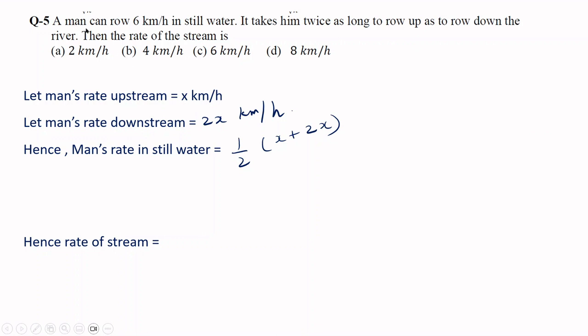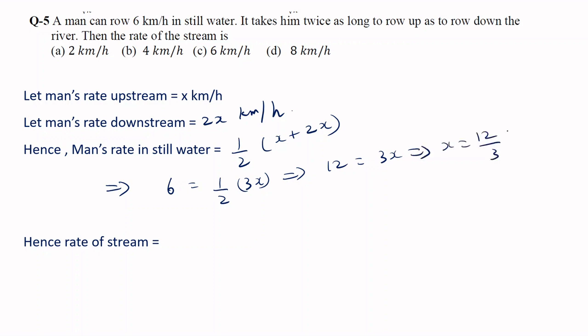It is given the speed of the man in still water is 6 km per hour. So 6 is equal to half of 3x, since x plus 2x is 3x. So we get 12 is equal to 3x, or x is equal to 12 by 3, which is 4 km per hour.